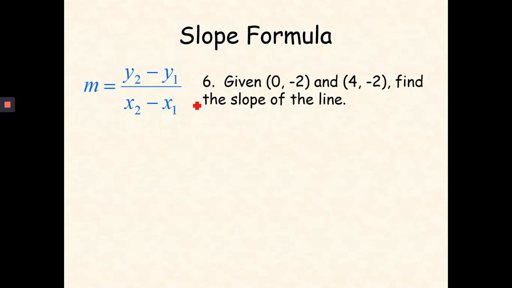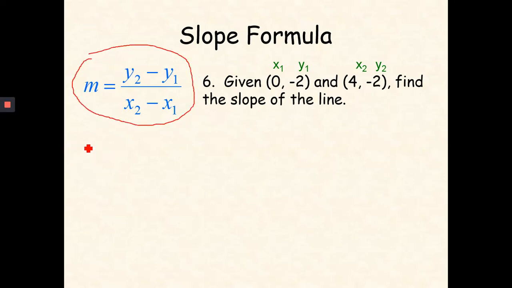So again, you have this, your formula. So let us name your coordinates. 0 as x sub 1, then that is y sub 1. We have here as your x sub 2, and we have here as your y sub 2.